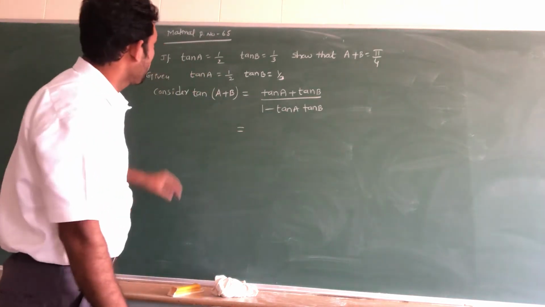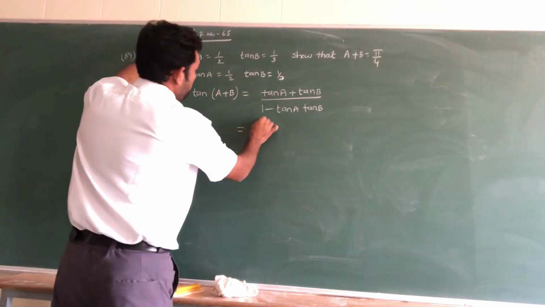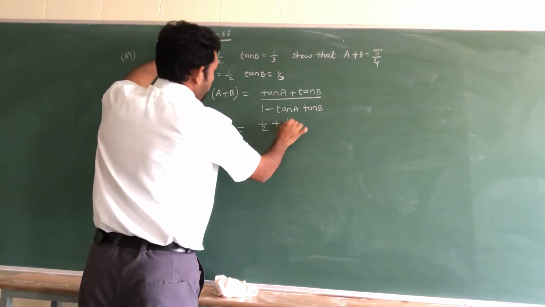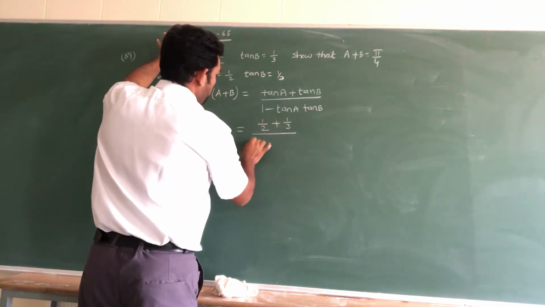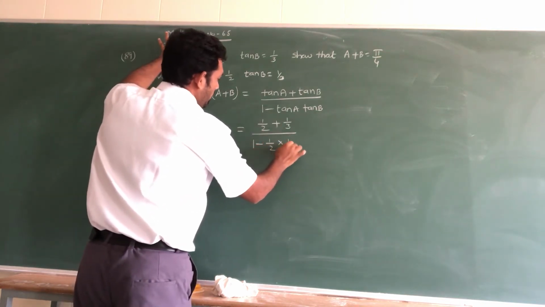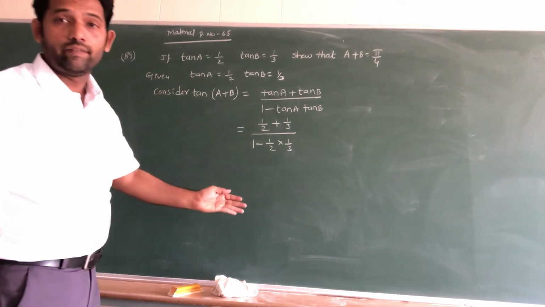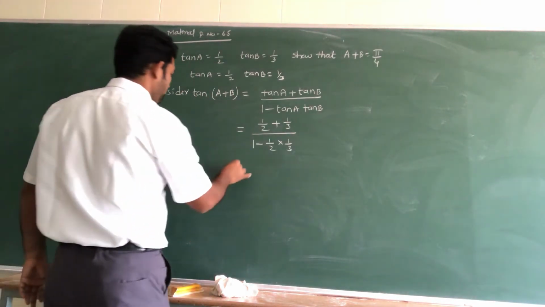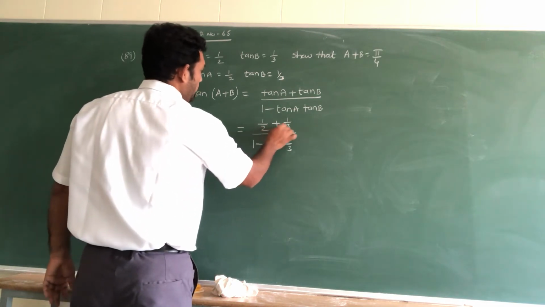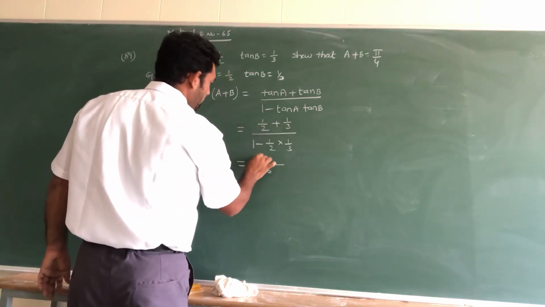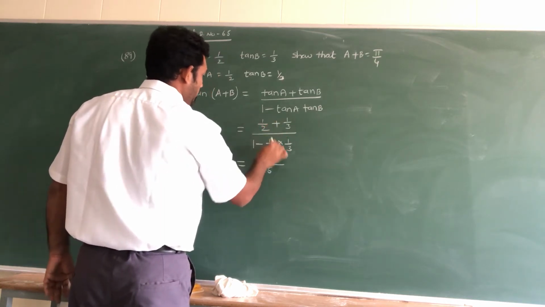So tan A value 1 by 2 plus tan B value 1 by 3, whole divided by 1 minus 1 by 2 into 1 by 3. So tan A value and tan B value are substituted. Then simplification: 2 into 3, 6. Next 1 into 3, 3 plus 1 into 2, 2.